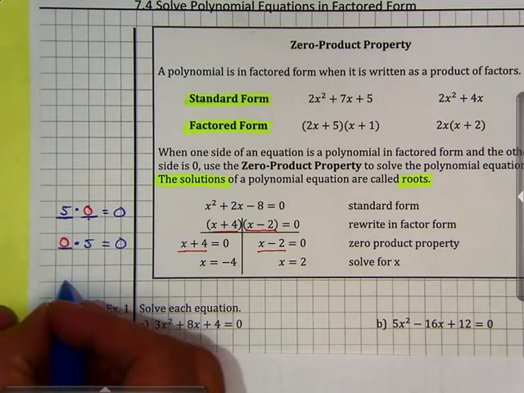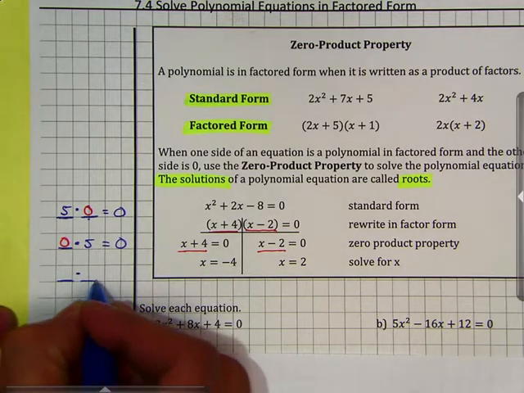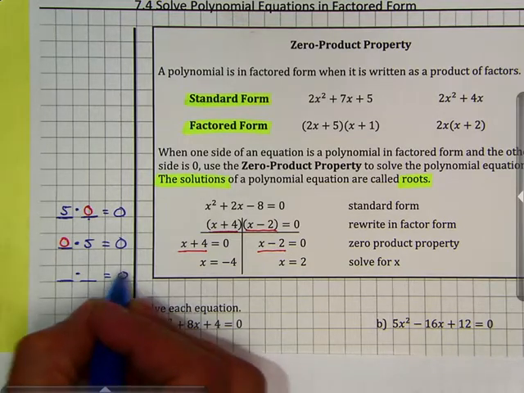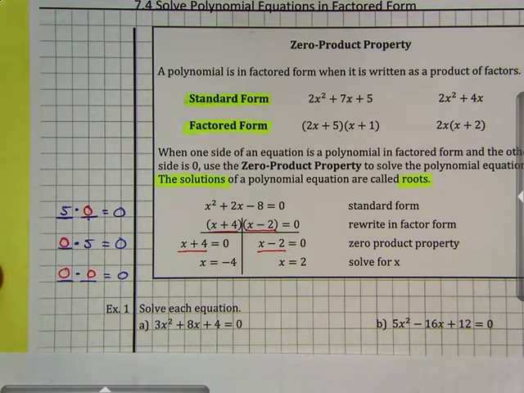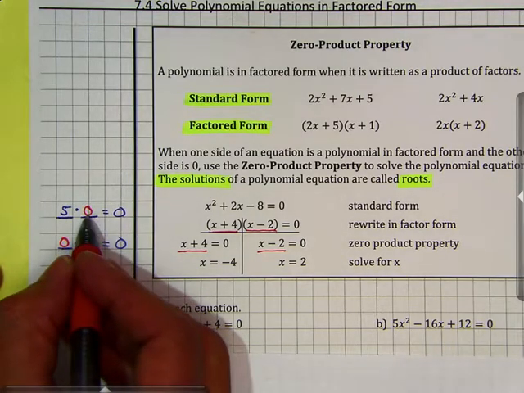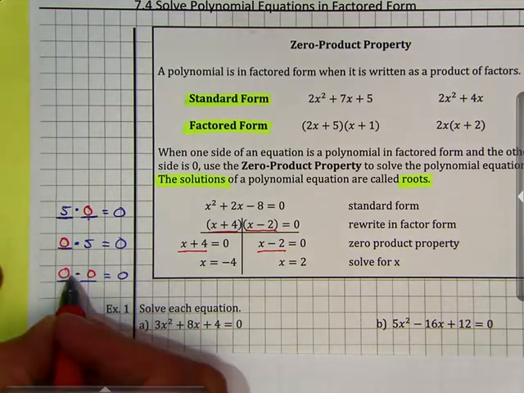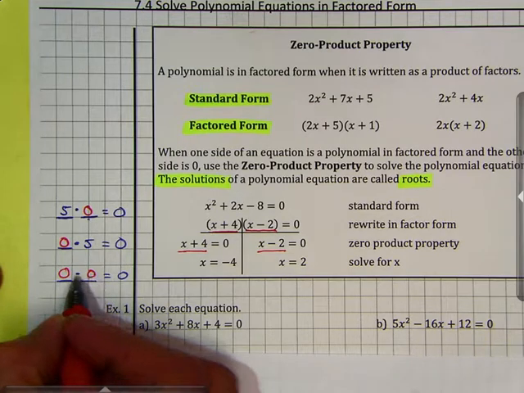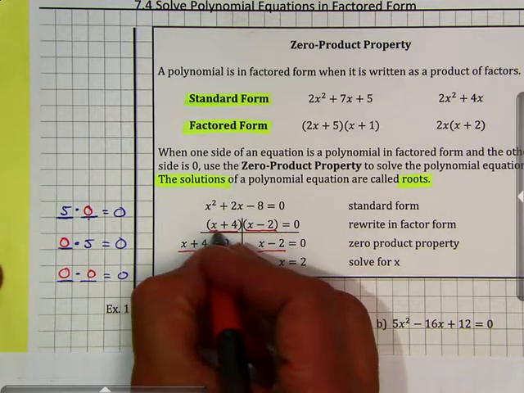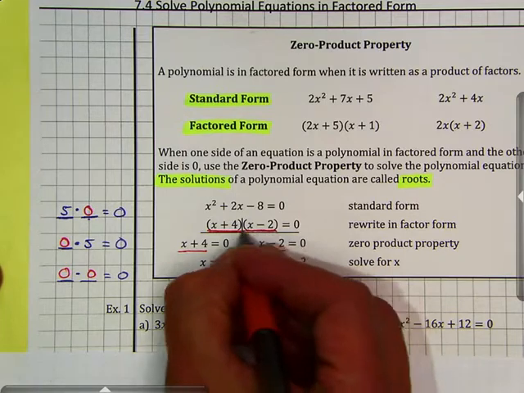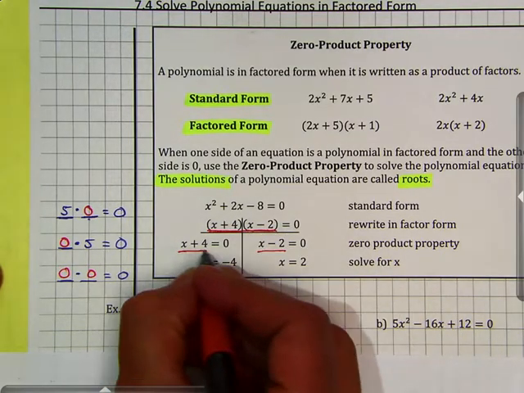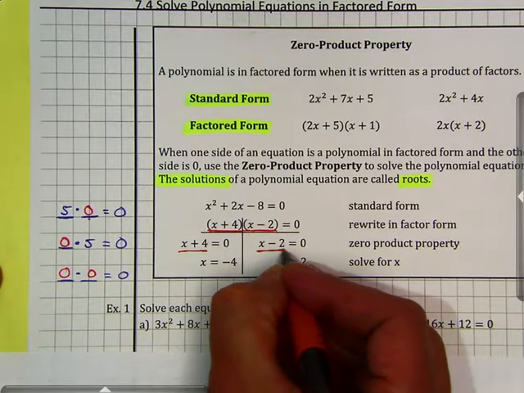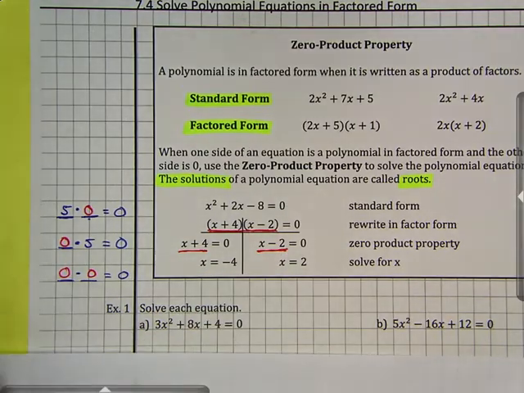So therefore, whenever you have two numbers that are multiplied together and equal to 0, they can also both be 0. 0 times 0 is 0. So one of them can be 0, the other can be 0, or both of them can be 0. Therefore, x plus 4 and x minus 2 are multiplying, and if they're equal to 0, I can place one of them equal to 0, or the other equal to 0, and I'm going to end up with my solutions.